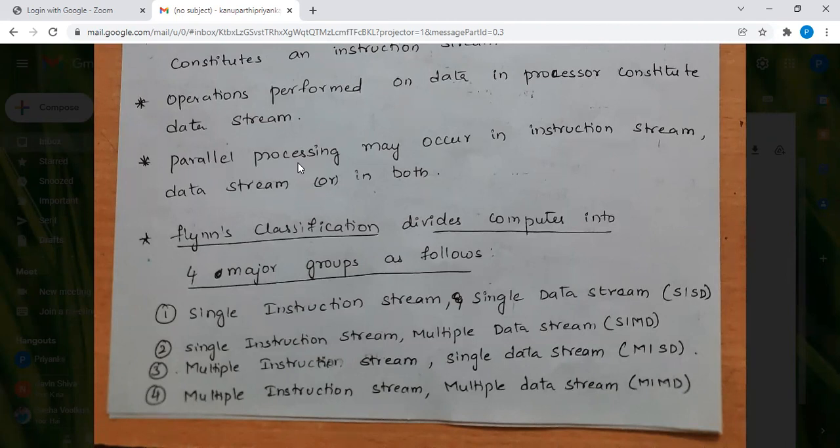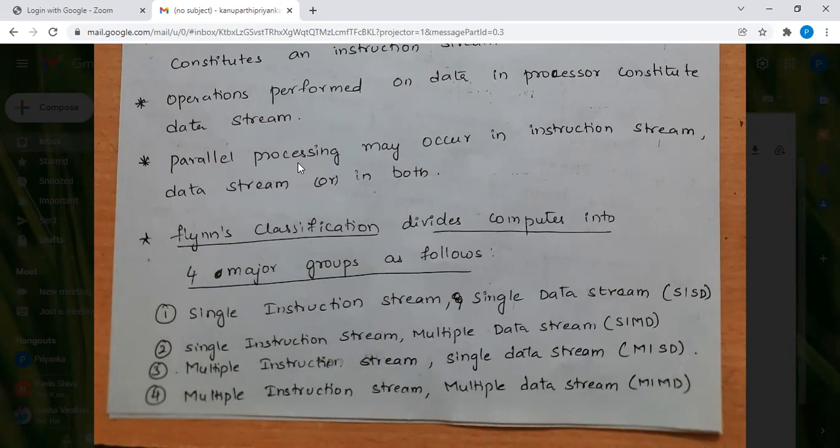When we move on to the third part, it is multiple instruction stream and single data stream. Theoretically, there is an article about multiple instruction stream and single data stream, but practically it has not been constructed.